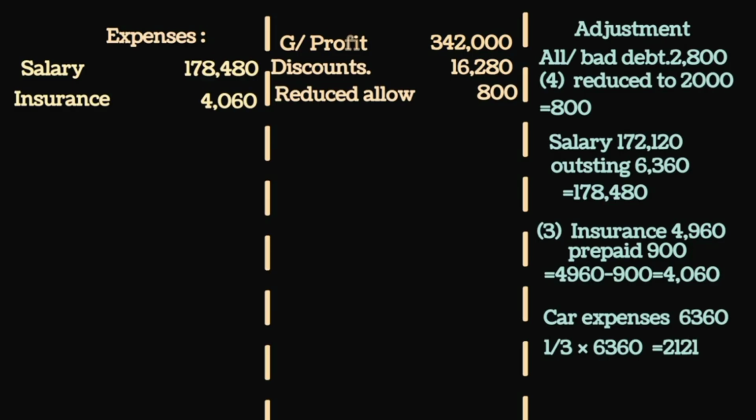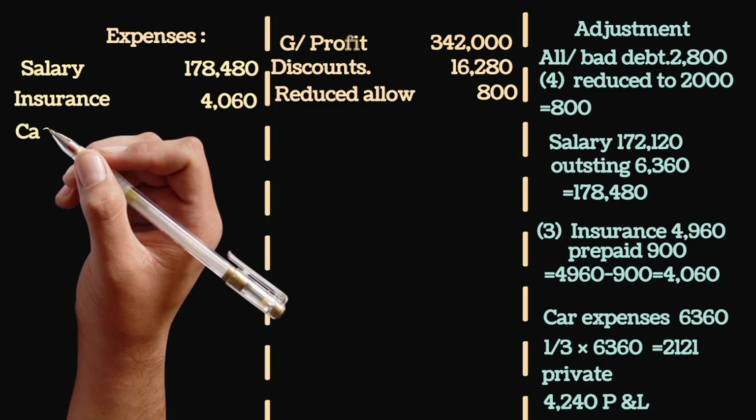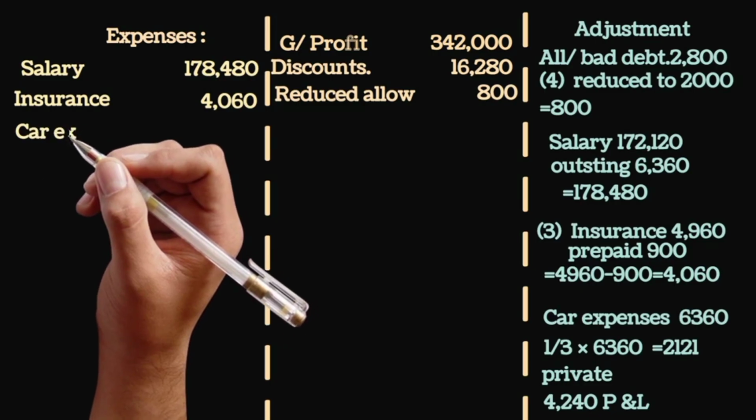Now the next thing is car expenses. Car expenses is 6,360, and one third of this car expense is the private motoring of Gingle Bell Venture.